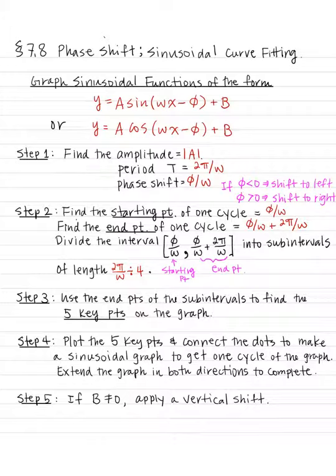Step 3, use the points of the subinterval to find the 5 key points on the graph. Step 4, plot the 5 key points and connect the dots to make a sinusoidal graph to get one cycle of the graph. Extend the graph in both directions to complete it. Step 5, if b does not equal 0, apply the vertical shift.